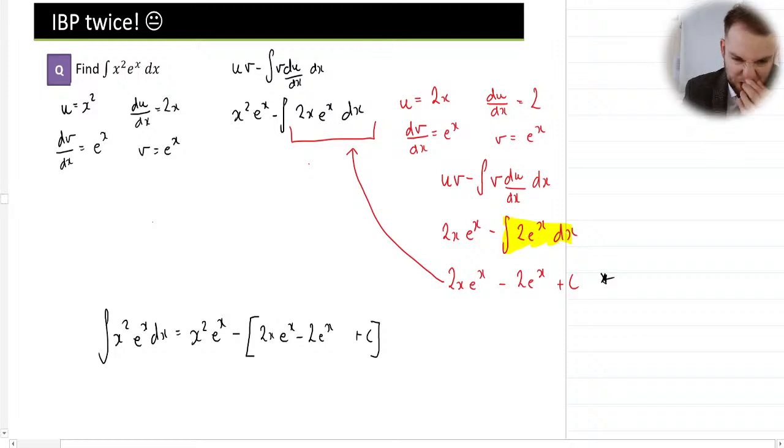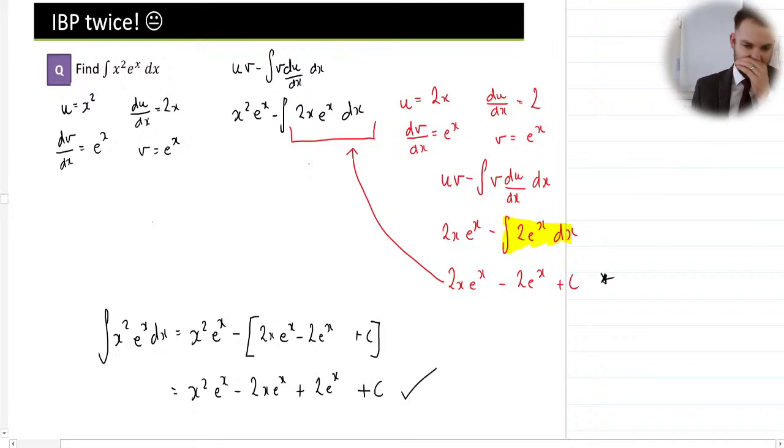I can keep the plus c as a plus c, which is equal to x squared e to the x minus 2x e to the x plus, it's minus minus, 2e to the x plus c there, like so. Brilliant. Double integration by parts. Very good.